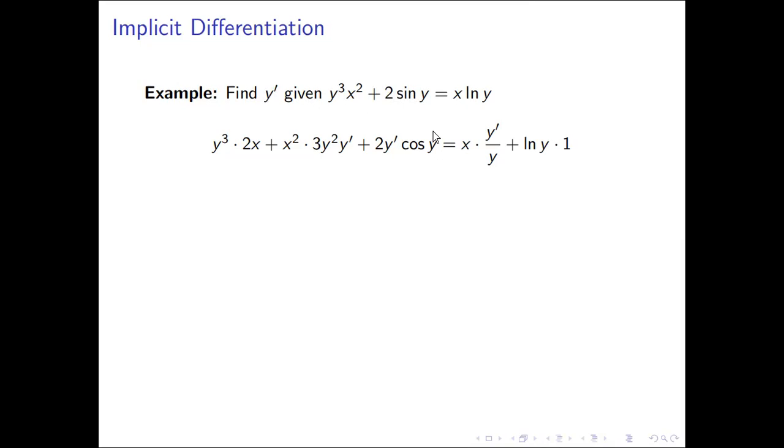And then since this is not x, but rather y, we have to multiply always by the derivative of y with respect to x. To omit y prime again would mean a wrong solution, and thus a wrong final answer afterwards.